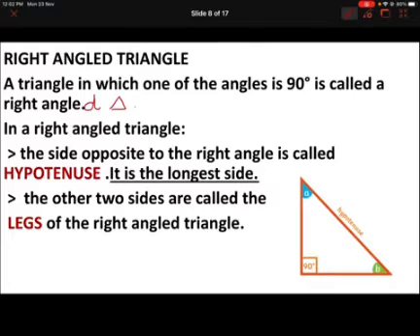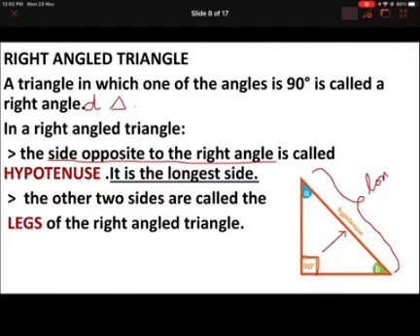Now, please look at this figure. The side opposite to, what did we say? Side opposite to the right angle. Where is the right angle? It's here. Now, which is the side opposite to the right angle? This one, this side.